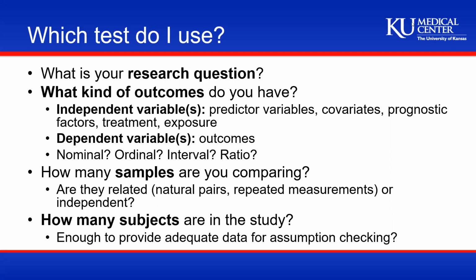And the reason why I give temperature in Celsius or Fahrenheit as an interval variable is to distinguish interval variables from ratio variables, which are the most informative variables that we can have, because not only do they have difference and order and meaningful intervals, they also have a meaningful zero.